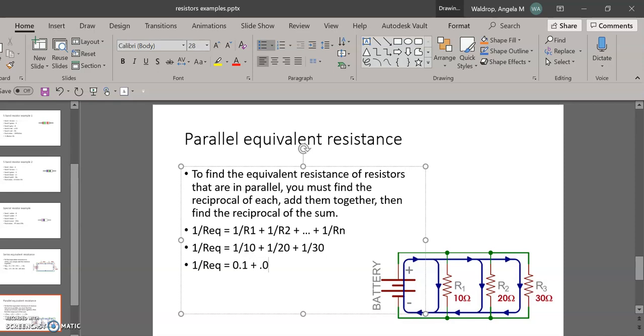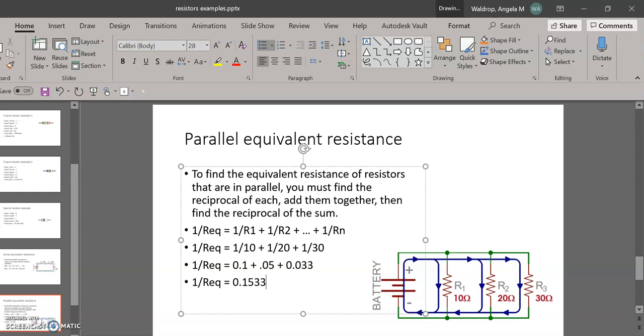That's going to be 0.05. And 1 over 30, that's going to be 0.033. I'm just going to carry it to 3 decimal places. Now I'm going to add all those numbers together, and that's going to give me 0.1533. Now I'm not quite finished yet.